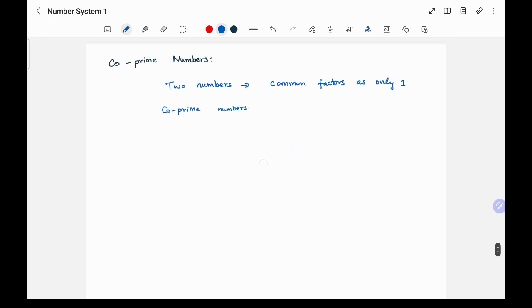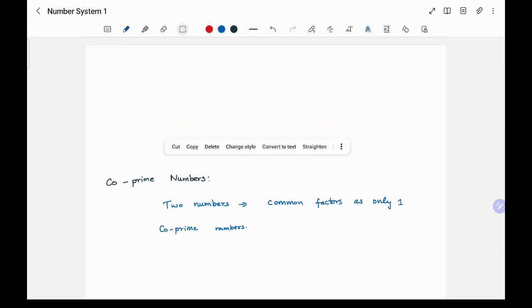So before explaining this, I will explain to you what are common factors. So for any two numbers, let's take 4 and 10, and we represent them in the form of prime factors. 4 is 2 into 2 and 10 is 2 into 5.